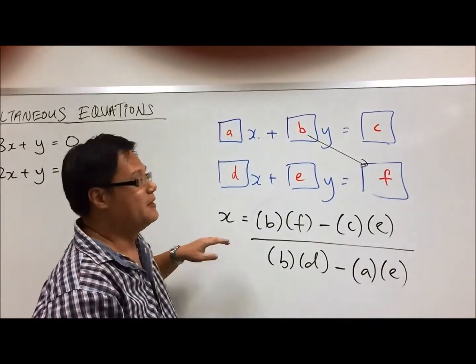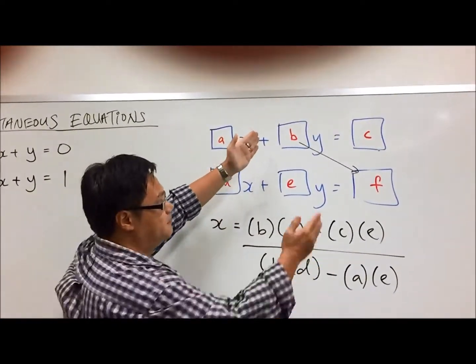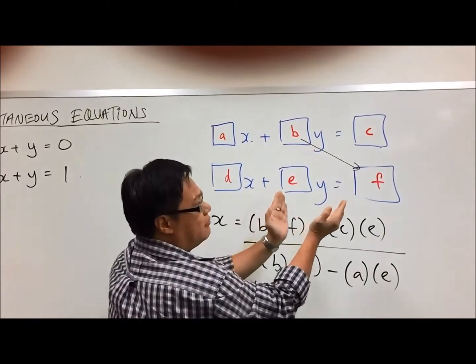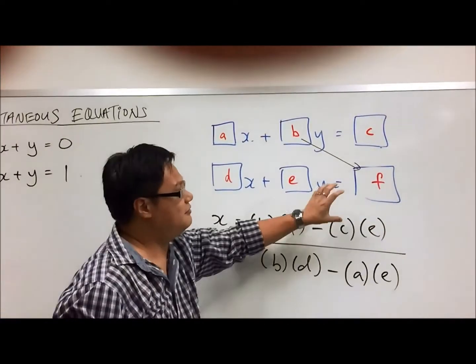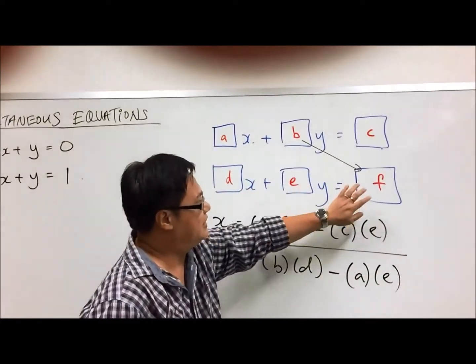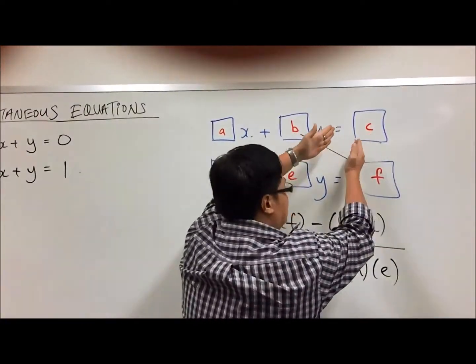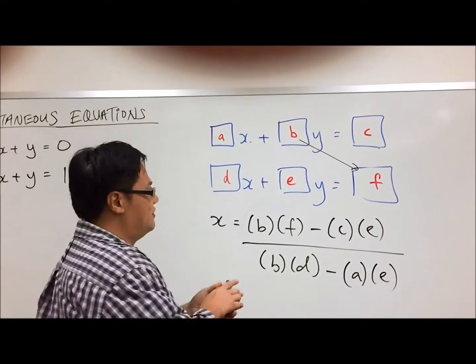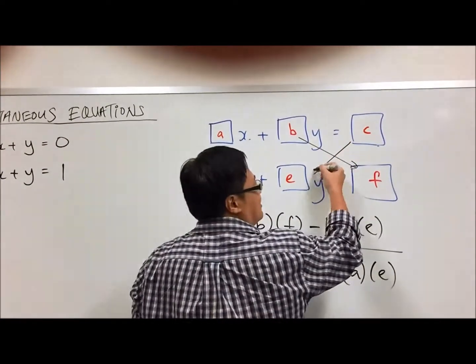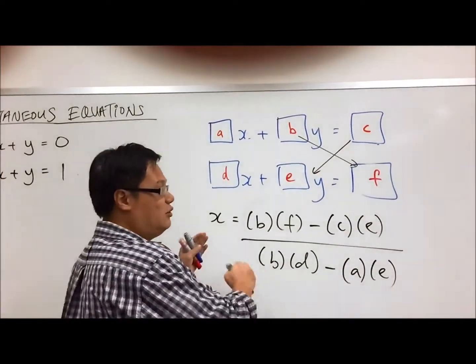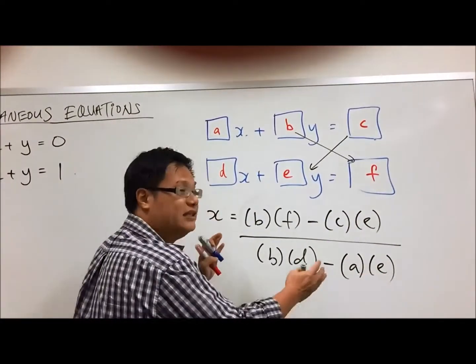So x equals, you simply take the coefficient of y, multiply by the constant of the second equation. So in this case, it's b times f, minus is always minus c times e, then you divide everything by a denominator.